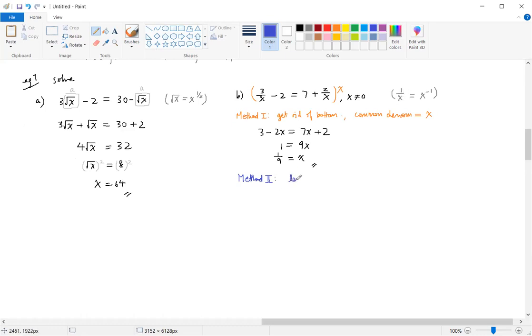So method 2 is let a be 1 over x. As you notice, 3 over x just means 3 times 1 over x, so you can write it as 3a. So 3 over x can be written as 3a minus 2 equals 7. Similarly, 2 over x is also 2 times 1 over x, which is 2a.